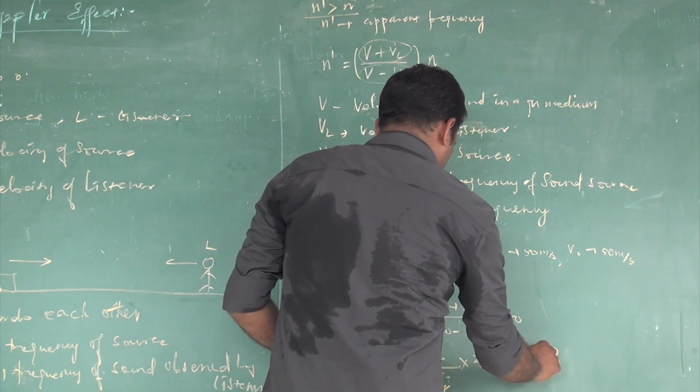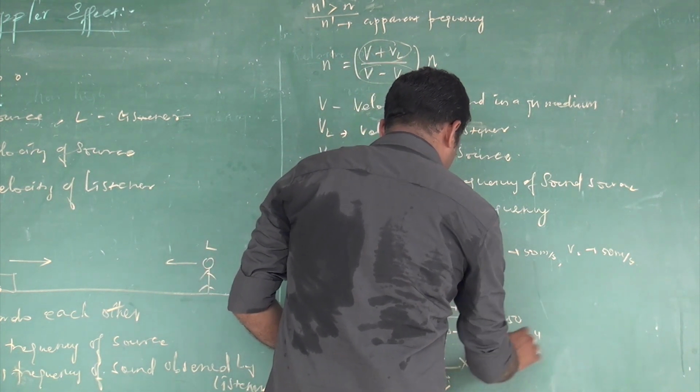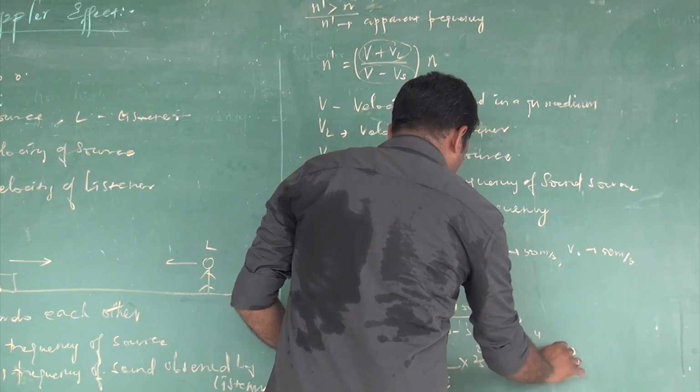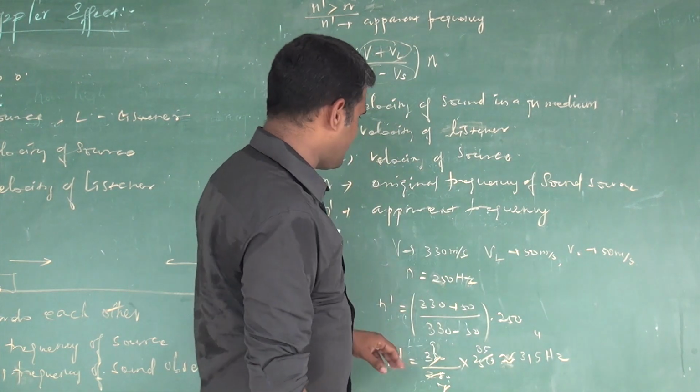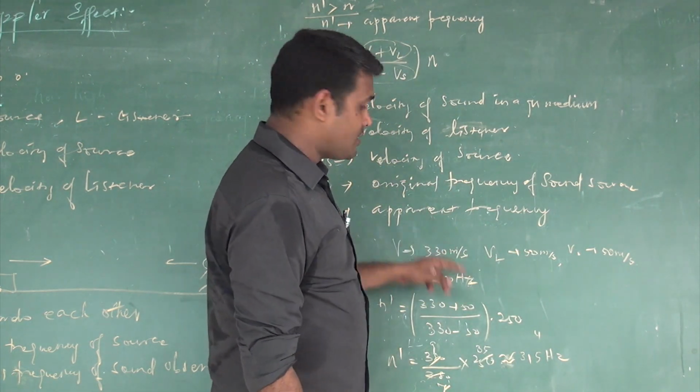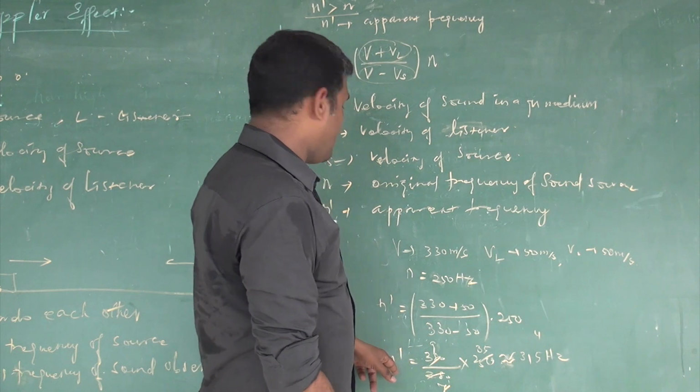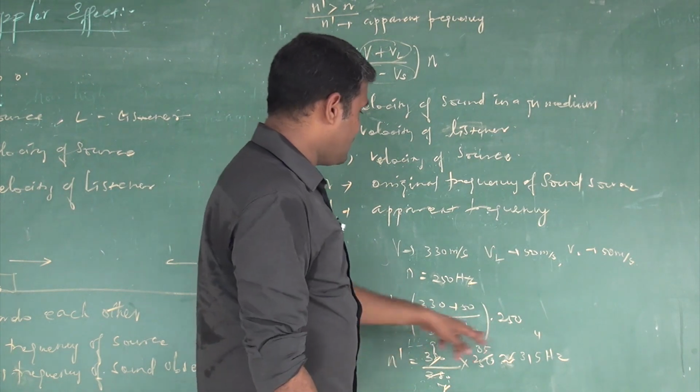So 315 hertz approximately, not exactly, approximately. The original frequency of the sounding source is 250 hertz and the apparent frequency is 315 hertz.